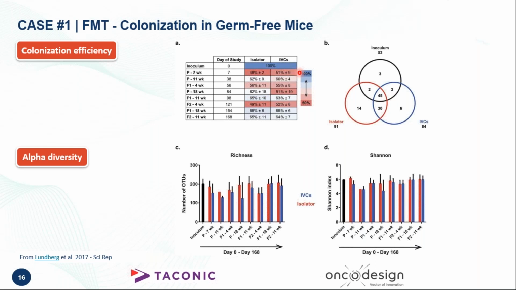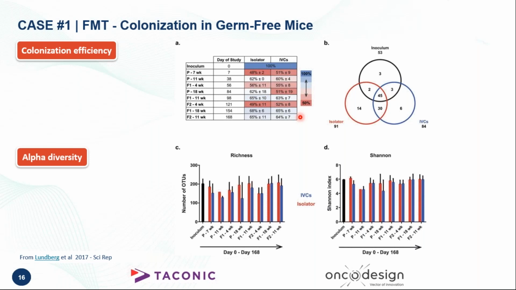And then in the last two rows, for example, the colonization efficiency of F1 and F2 mice at different ages, at either 18 weeks of age or 11 weeks of age, was definitely higher than the parental mice. 7 days after inoculation in the isolator, it was 68%. It's a little bit lower than that in the IVCs, approximately 65%.